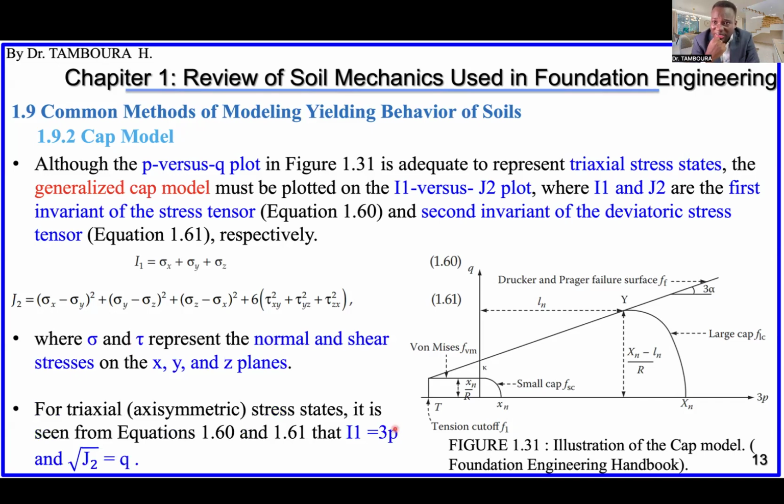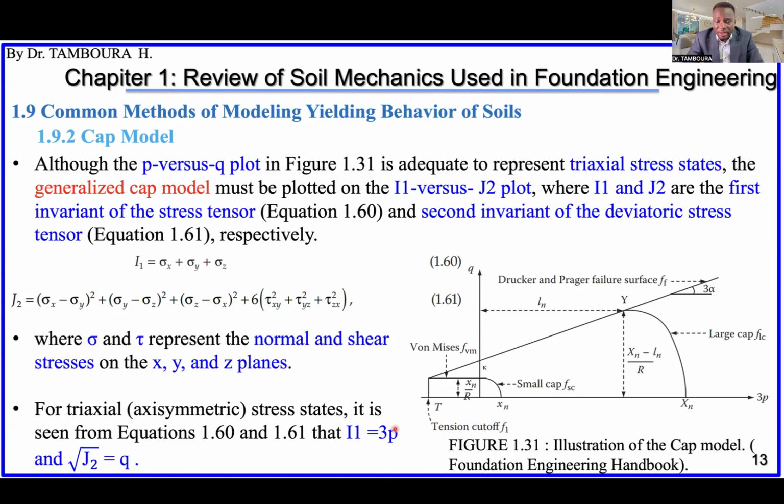P is the mean effective stress, which means sigma 1 plus sigma 2 plus sigma 3 divided by 3. Or again, if we consider that sigma 2 is equal to sigma 3, then P is sigma 1 plus 2 times sigma 3 divided by 3.